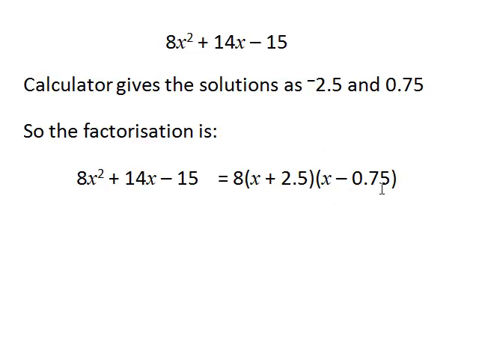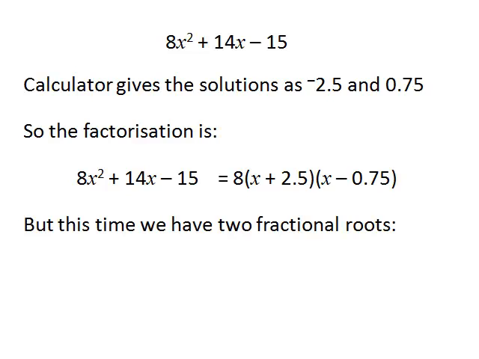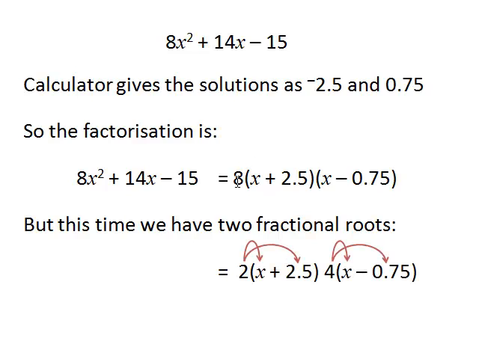So here we go. This time we've got two fractional components to the factorisation, and we want to get rid of both of them. So we take our 8 and we split it up into 2 times 4, multiply the 2 into this bracket, 4 into that bracket, and we have our solution: 2x plus 5, 4x minus 3, and that's our answer.